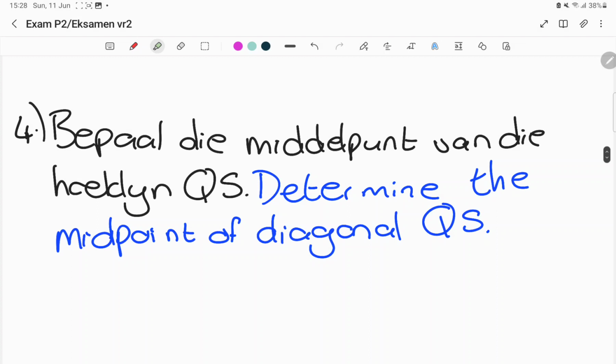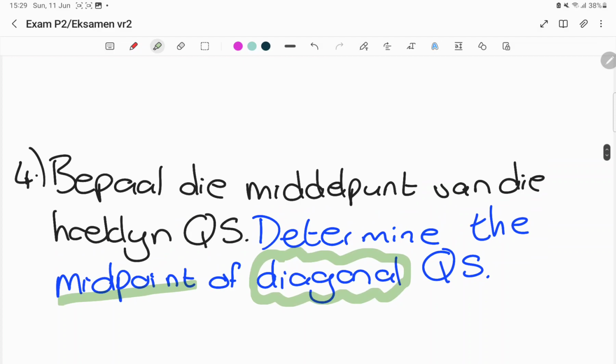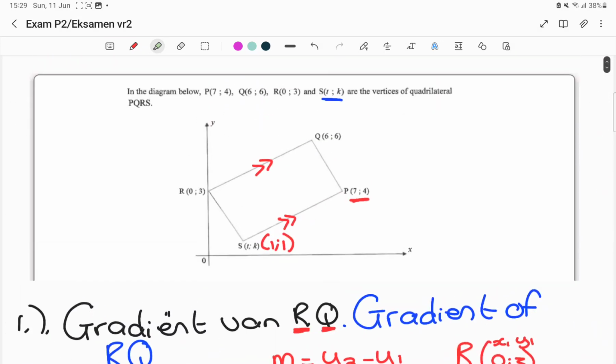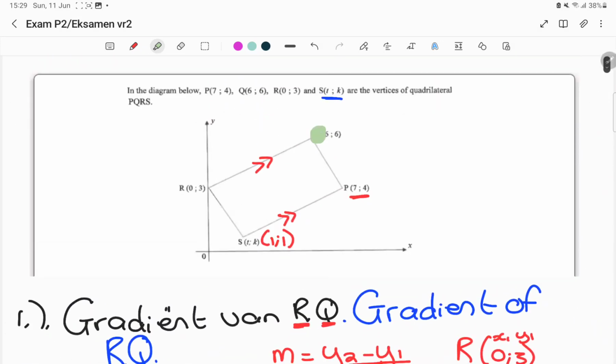Alright, then at question 4, they are asking us to determine the midpoint again of a diagonal QS. Now remember, a diagonal is just your line running from the one angle to the other angle. So the diagonal of your hoeklyn van QS, so here's Q, here's S, so my diagonal will be the line here.